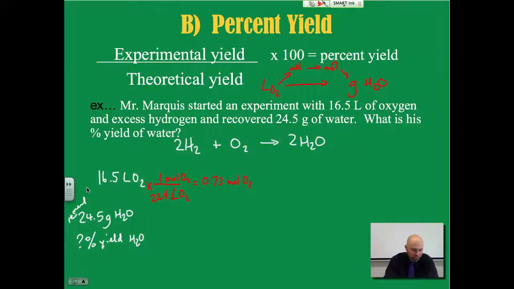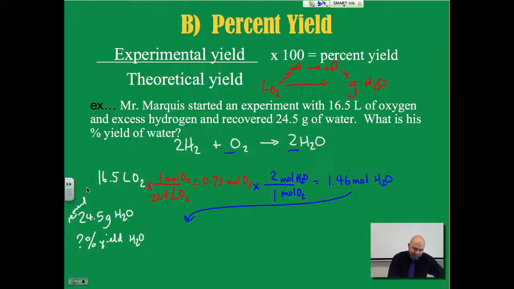Now I have my moles. I can convert that to moles of what I'm looking for, in this case water. So 2 and 1 respectively. When you convert moles, you use the coefficients of the balanced equation. So I multiply 0.73 by 2 and get 1.46 moles of H2O.